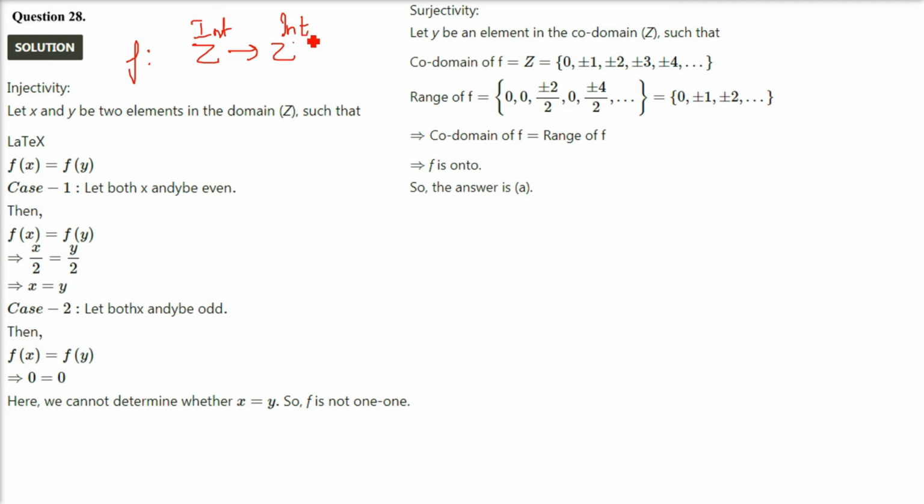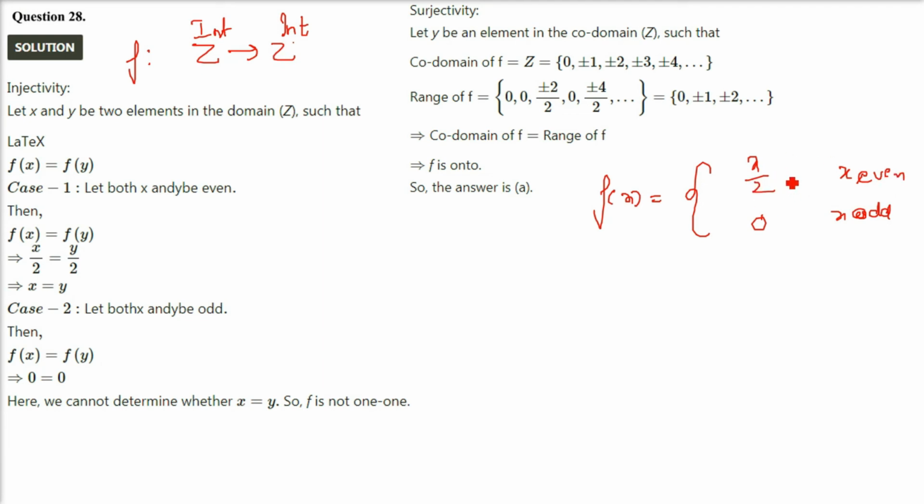Now the question says f(x) is equal to x by 2 if x is even, and 0 if x is odd. We have to check for onto but not 1 to 1, 1 to 1 but not onto, 1 to 1 and onto, and finally neither 1 to 1 nor onto.